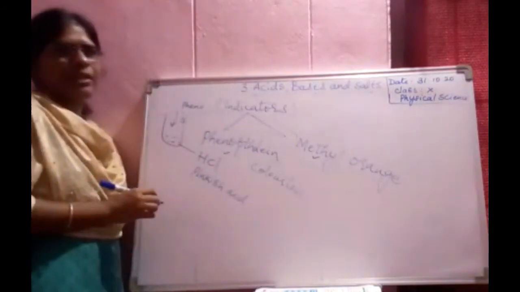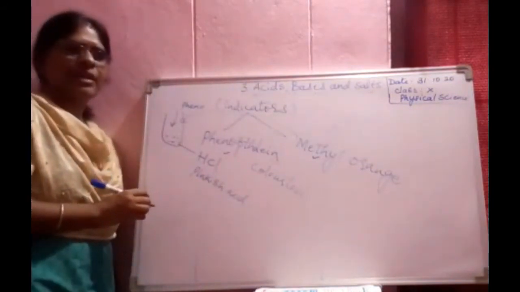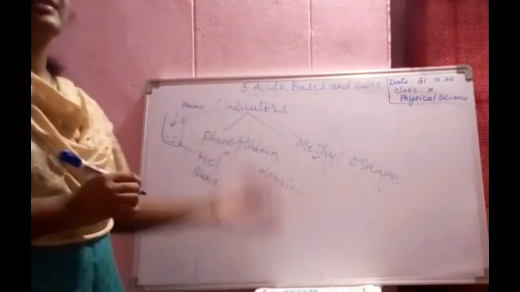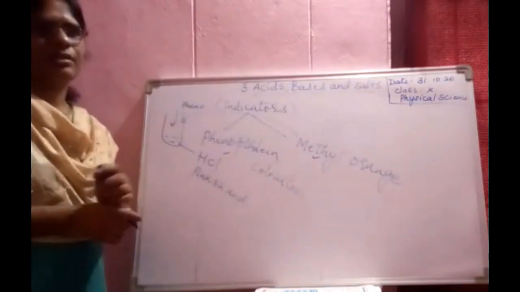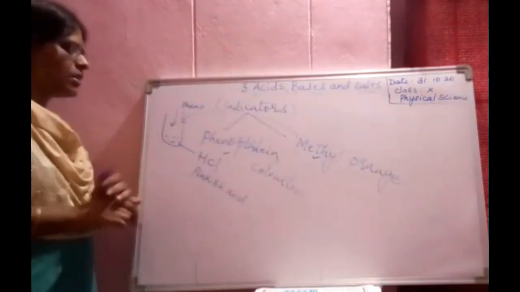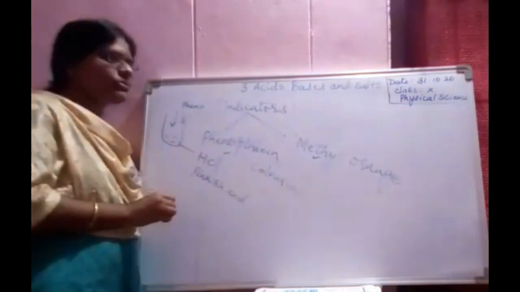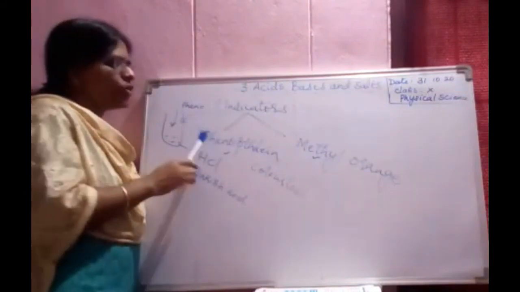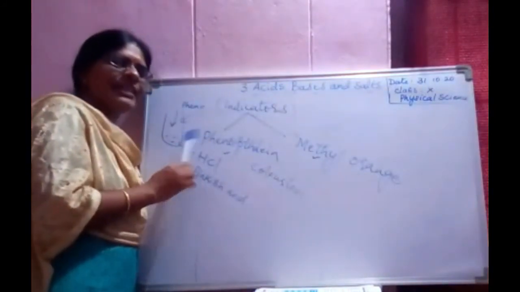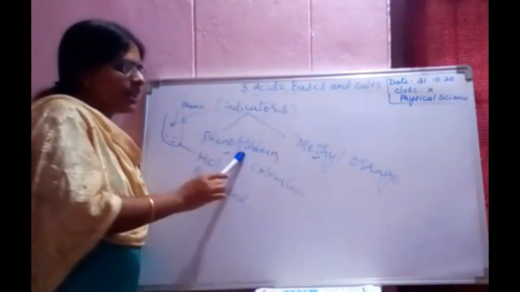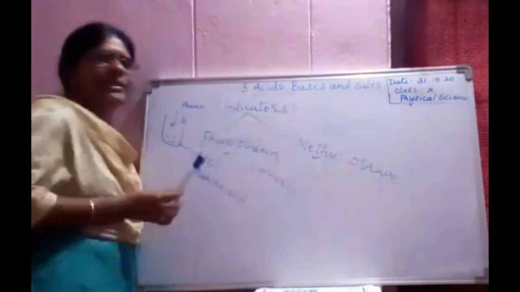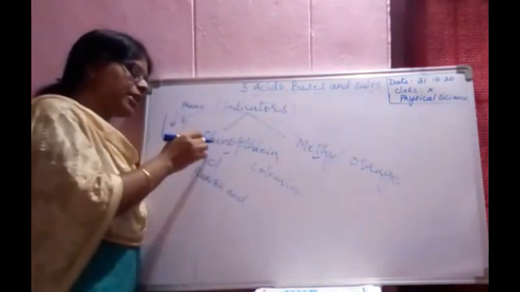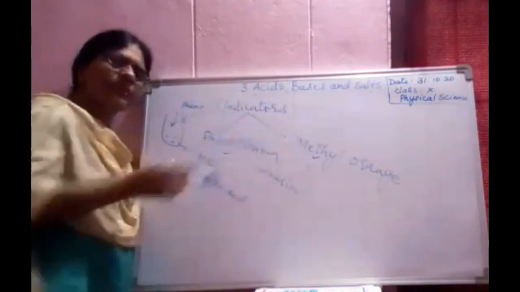By using this pinkish red color, we can decide whether it is an acid or a base. Okay? Now here there are two types of indicators to find out whether it is an acid or a base. It is phenolphthalein and methyl orange.